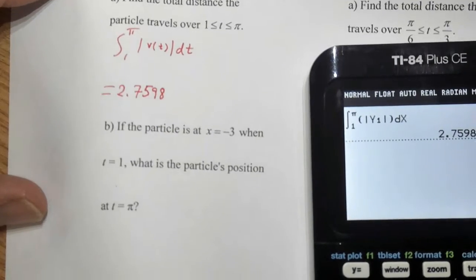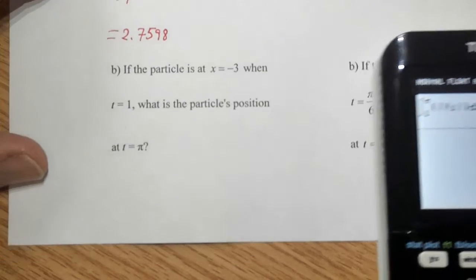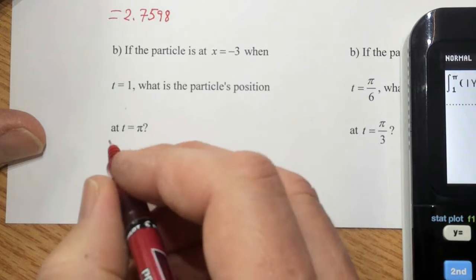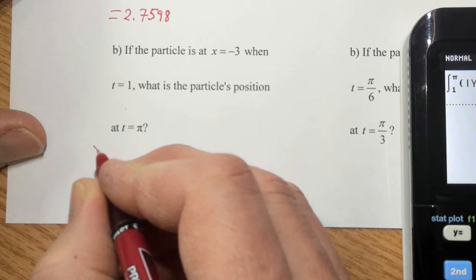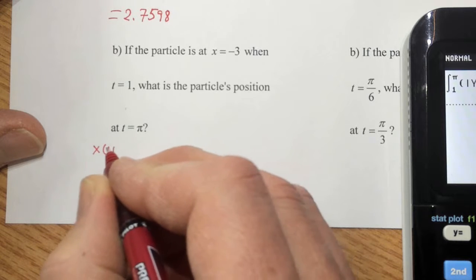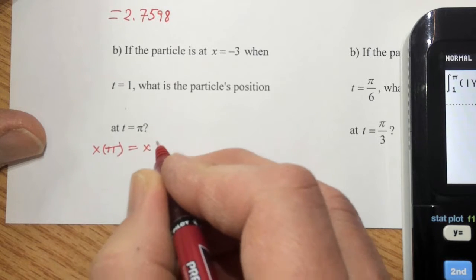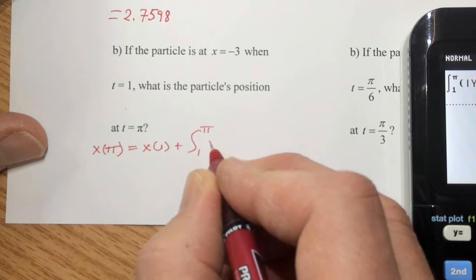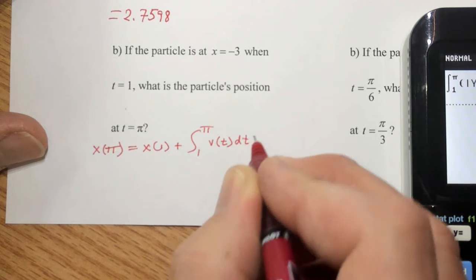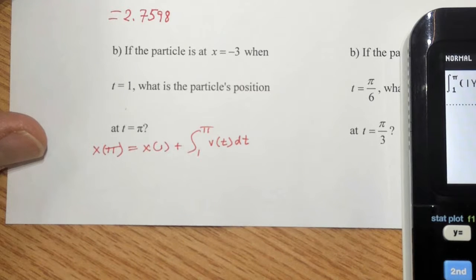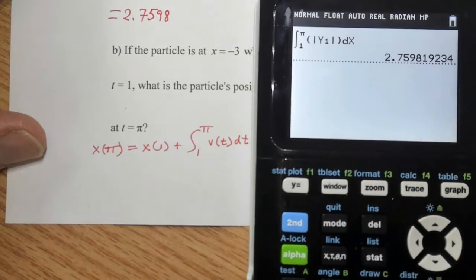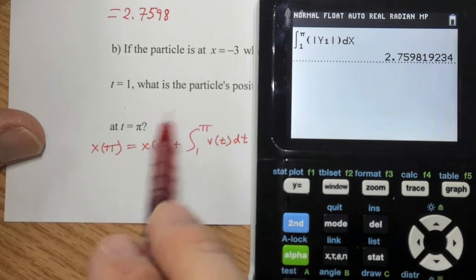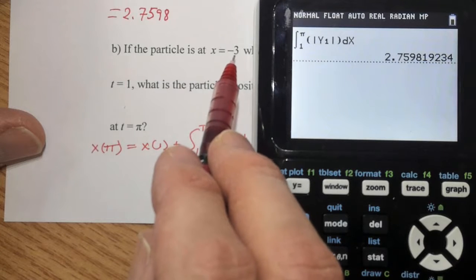All right, then we have part B. Same idea. What's the particle's position? So the particle's position, we're looking for x of pi. X of pi is going to be equal to x of 1 plus all the change from 1 to pi of our function. The change is the velocity. So we head back here, and we know that x of 1, we see there is -3.